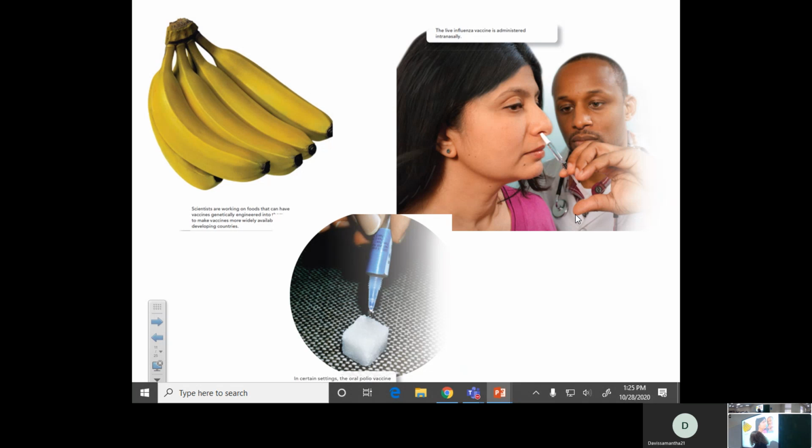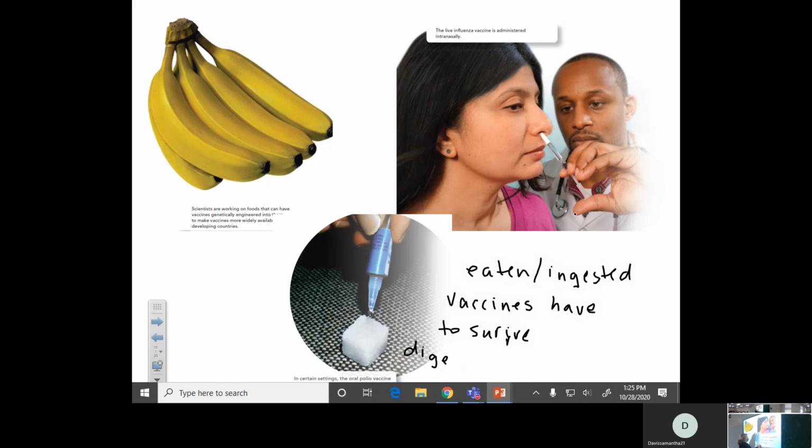There used to be ones that you could put on a sugar cube and have people eat it. If you eat or ingest a vaccine, that's difficult because it has to survive the digestive system and stay intact.